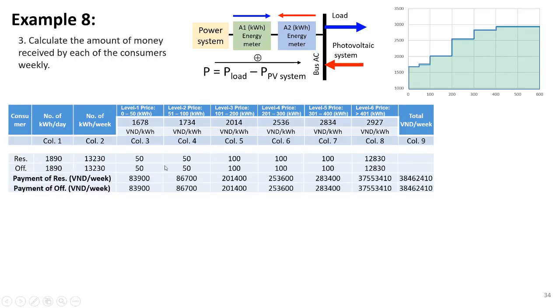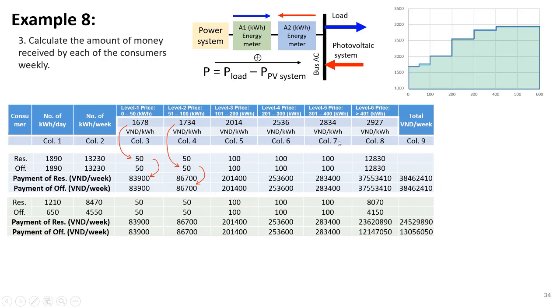We can calculate money amount at each price level and finally achieve the total of 38,462,410 Vietnam dong for each of them. This is how much both customers have to pay if they do not install the PV system.